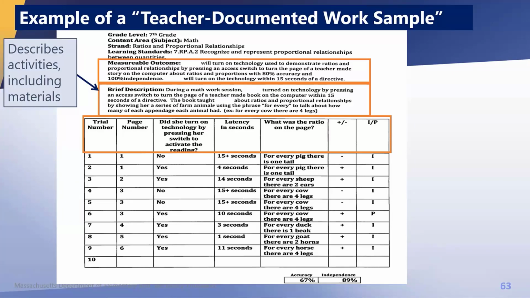The student needed to turn that technology on within 15 seconds of a directive. So that's a lot of information in that measurable outcome. The brief description tells us that during a math session, the student turned on technology by pressing a switch and did it within 15 seconds and did turn the page of the book.